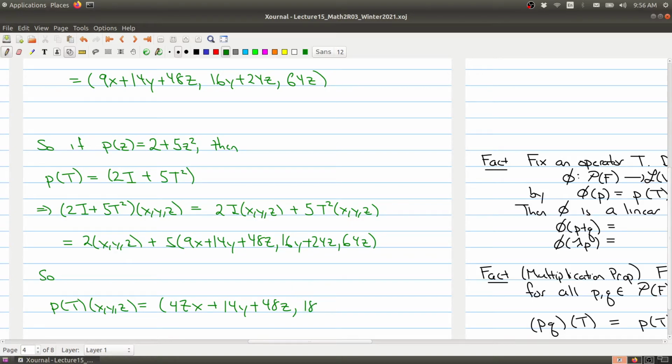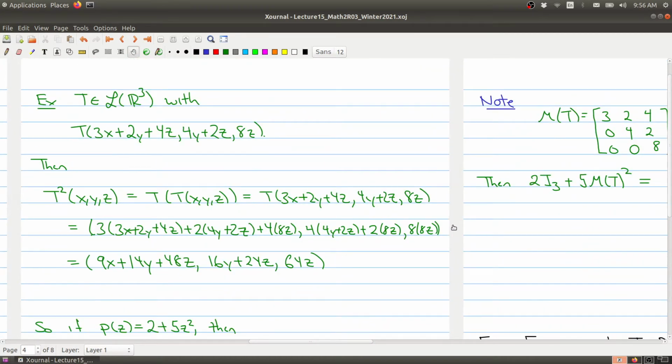The new second coordinate is 18y plus 24z, and 66z is the third coordinate. So we take our original T, and we can make a new operator from that T by combining and using composition, and we get a new linear operator right here.